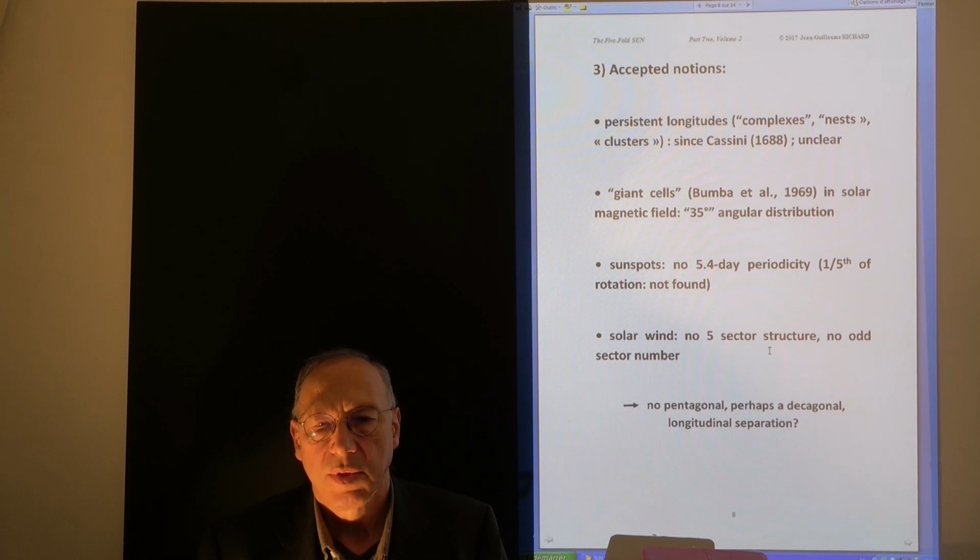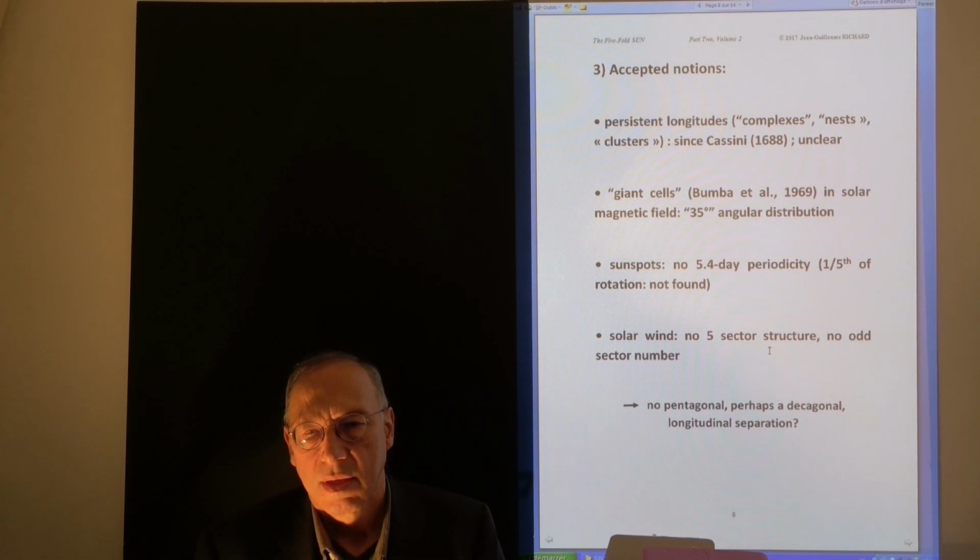Are they reappearing with a separation as a quadrant, 90-degree angle, as was suggested by some authors, or not, is one of the unsolved questions.